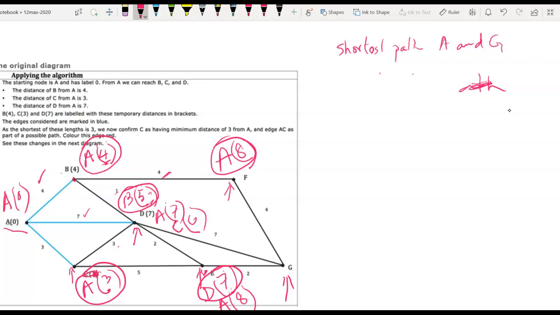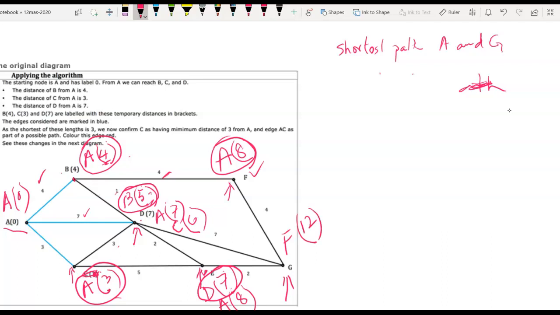Now, we have considered F, we have considered D, and all those are circled. Now we are going to move on to G. To G we can come from F, and if we come from F, it'll be 8 plus 4, which is 12.